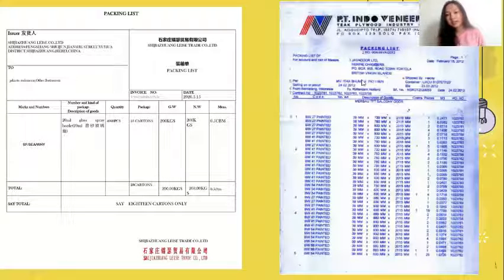And the last packing list is from PT Indovinir Utama. This packing list is quite bad because they just put all of the information in and it looks not organized.